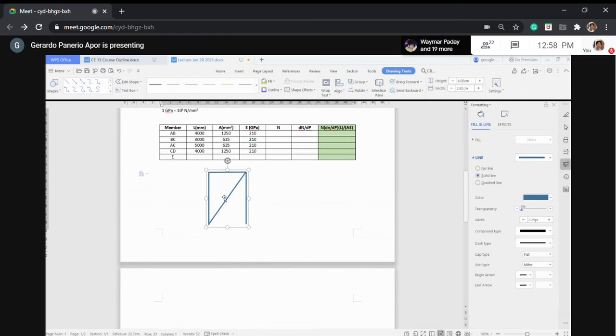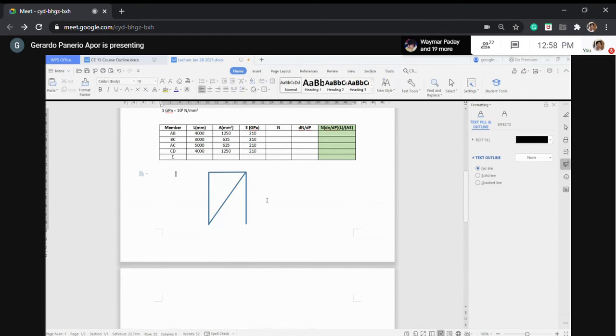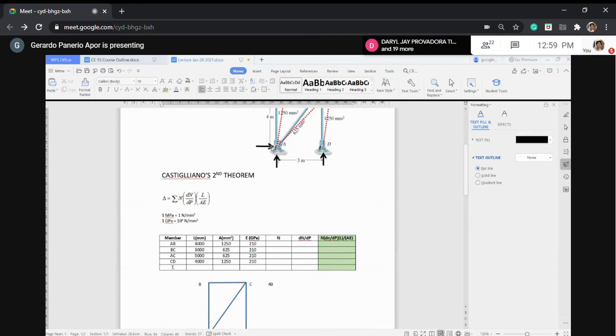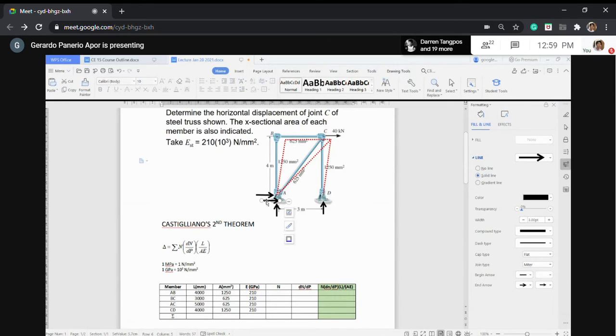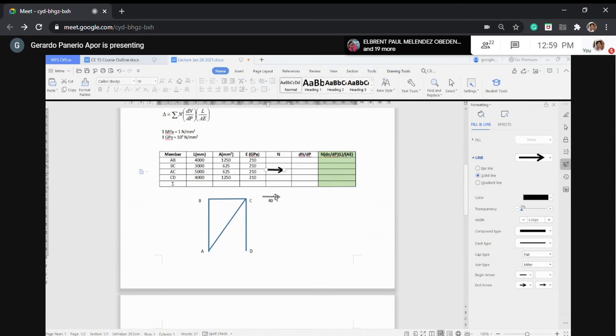I will put this here. This is C, and there's 40 here. This is E, and this is B. Then aside from that, there is a load there.